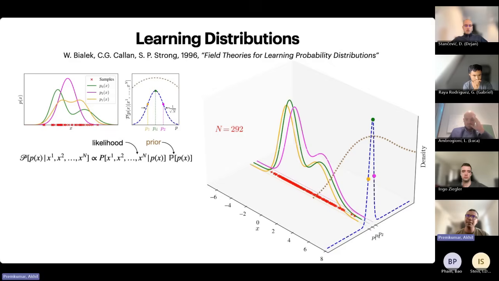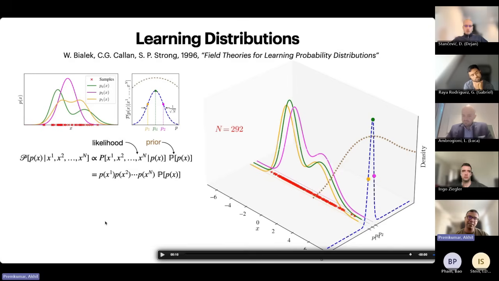Now, the first term here, the likelihood, can actually be simplified by noting that it just factorizes into a product of probabilities evaluated on the particular chosen candidate distribution, right? And our goal is to find that one particular candidate which is most probable given the data. And so that means maximizing the right-hand side here.